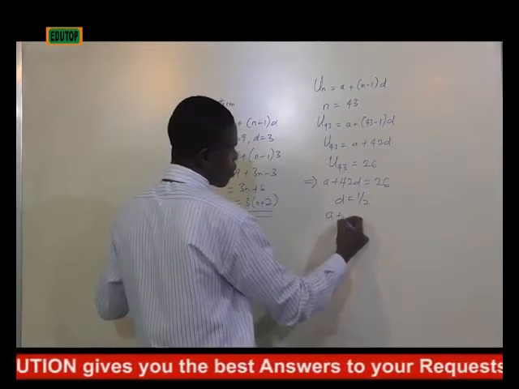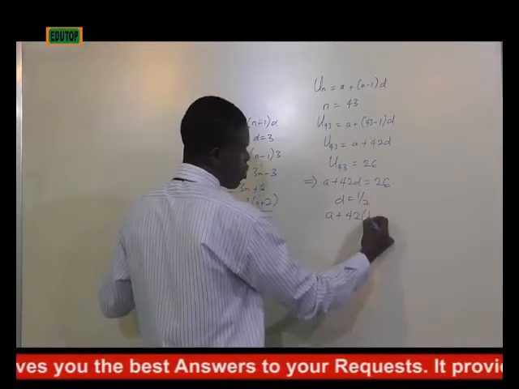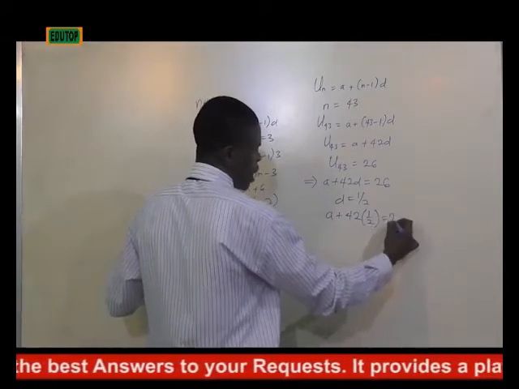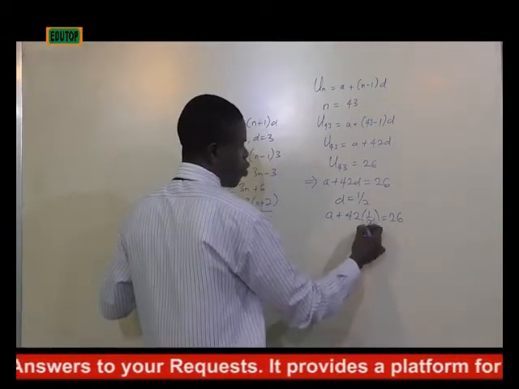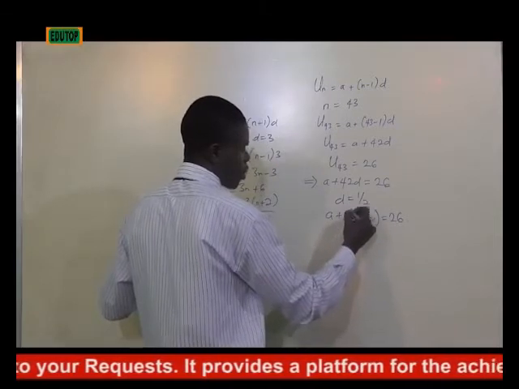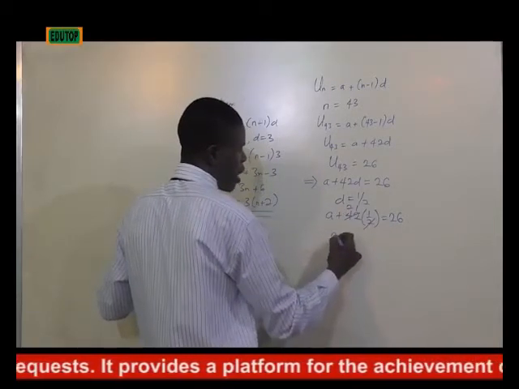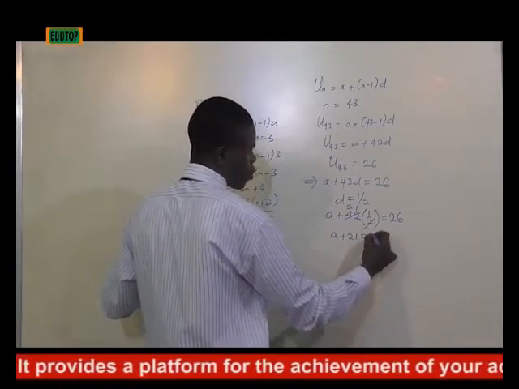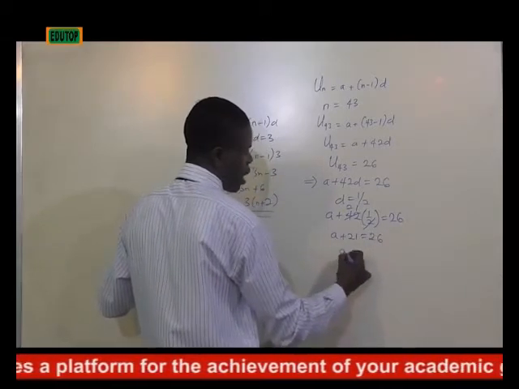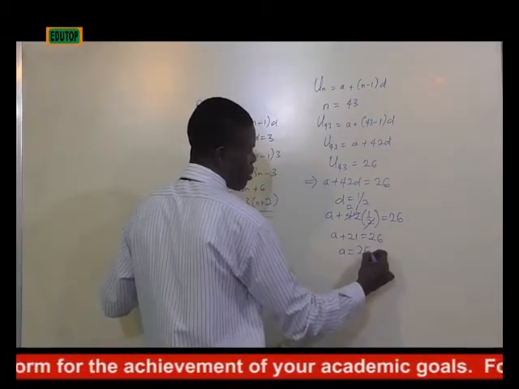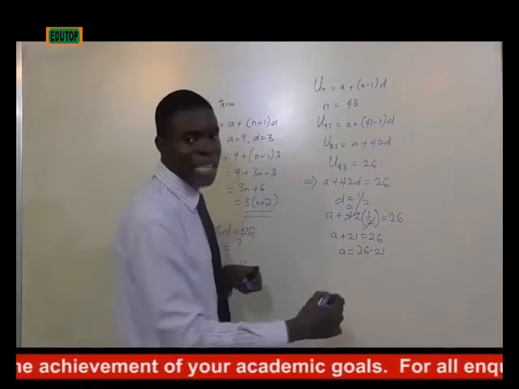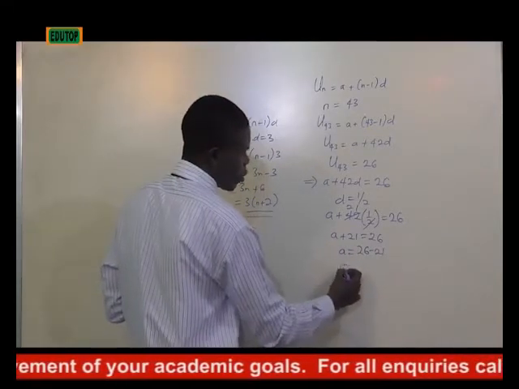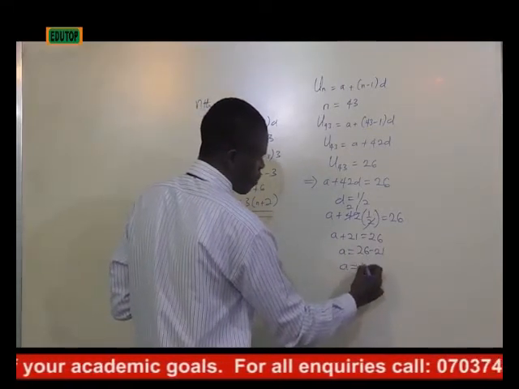We have A plus 42 into 1 over 2 equals 26. These two can cancel, 42 gives 21. So A plus 21 equals 26. So A will be 26 minus 21 when we collect like terms. So we have our A to be 5.